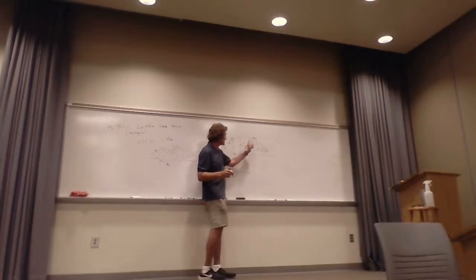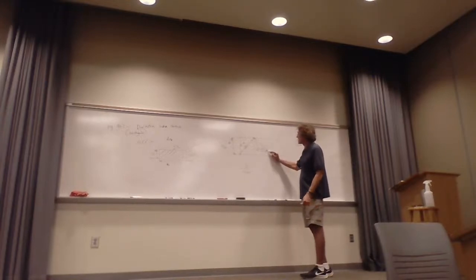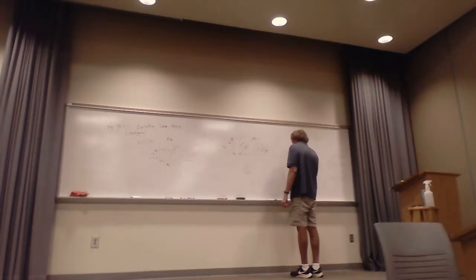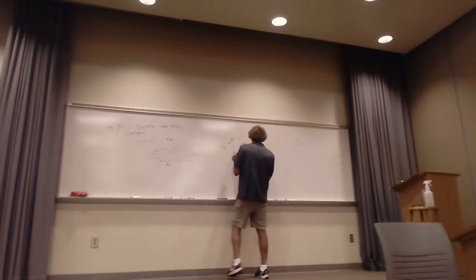So if we take the total distance from here to here, that would be A over cosine theta. Then we have to take the distance from here to here. All right, well, this is where it gets kind of interesting. We know that if that's 2 theta and I have the hypotenuse here, then I could say that this side right here divided into the hypotenuse, and in his book, he does this.